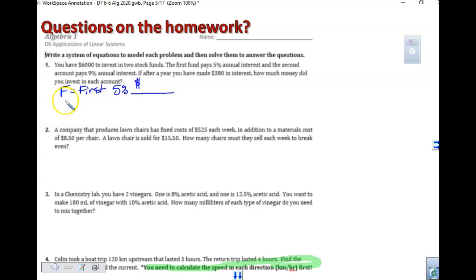Then I have the second account, and for second, I'm going to use Y, because my F looks like a 5. If I put a 5 and I meant F, then I might get mixed up. So this is going to be my second, and my second is at 9%. Ooh, that's making a lot more money for me. And I have a total of $6,000.